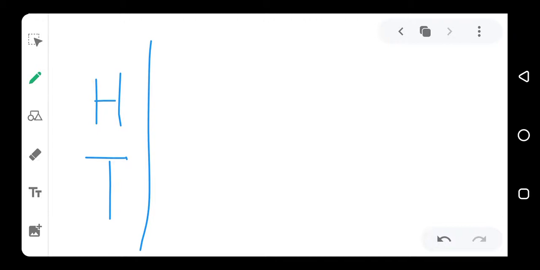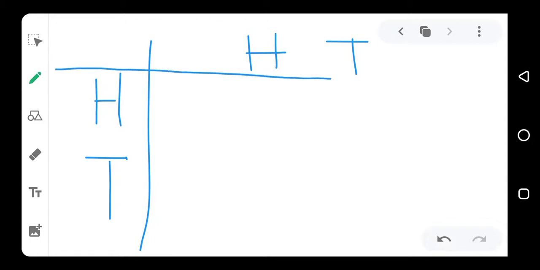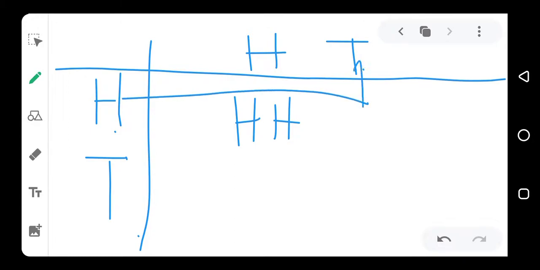The second one, you write it on top of this: head and tail. Then you draw another line. This is vertical, this is horizontal. Now you join this first one and this first one, and that gives us head, head. Now you join this one and this one.